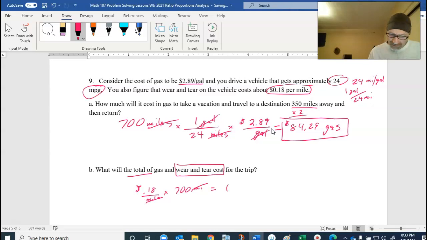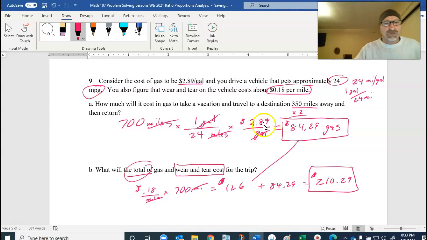That is $126. That's a lot more than your gas, isn't it? But for the total, we'll have to combine those. So you add the 84.29 to 126. That should be 210, equals $210.29.